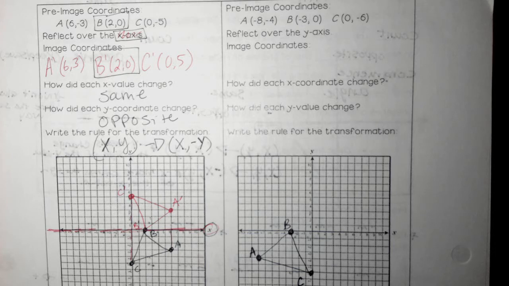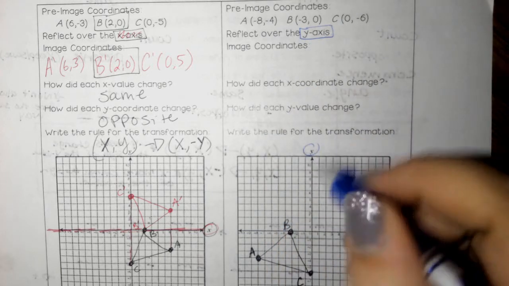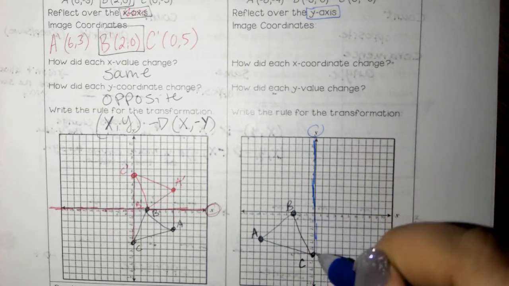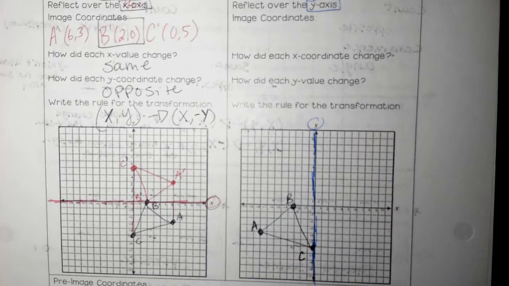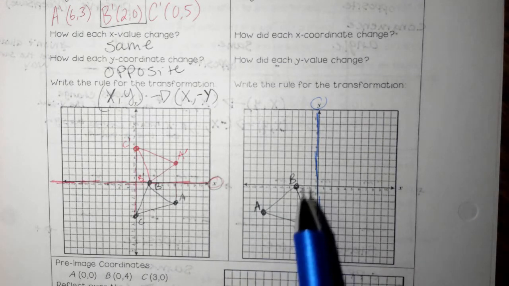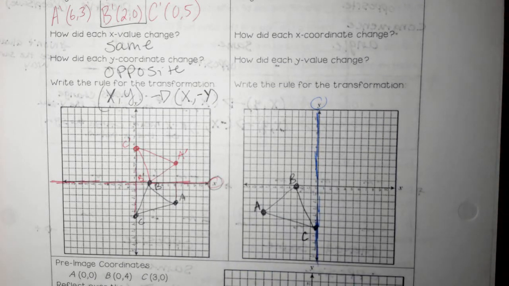And this is asking me to reflect over the y-axis. That's the up and down axis, or this line here. Now that we're reflecting over the y-axis, I want you to think about what this shape is going to look like before we actually go ahead and plot it.